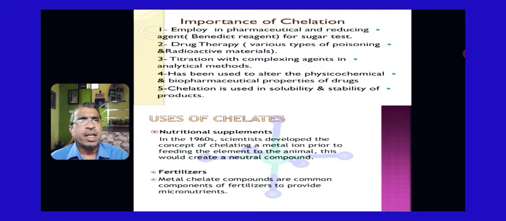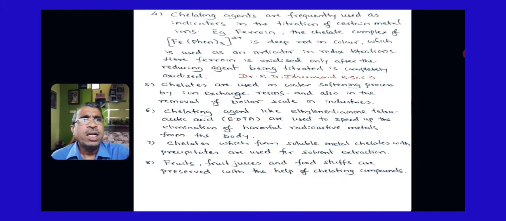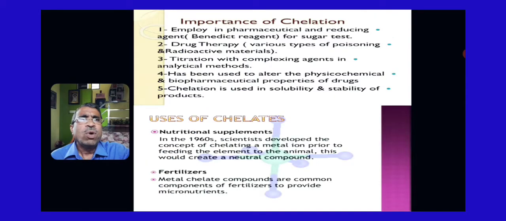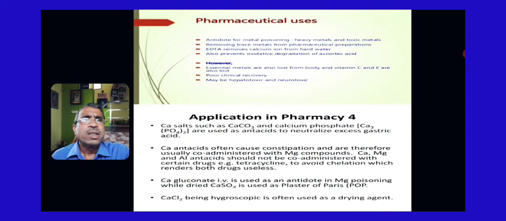This would create a neutral compound. So these are also used in fertilizers, and they also act as micronutrients. Chelating agents are frequently used as, so this we have already studied, and now the next we take.